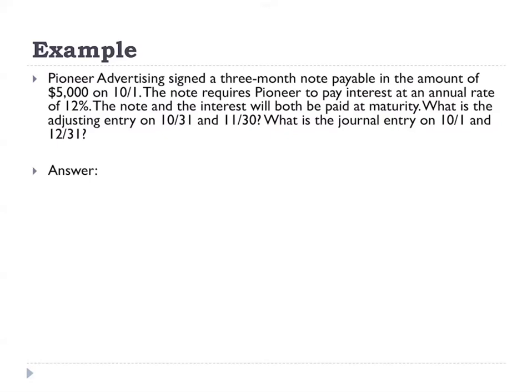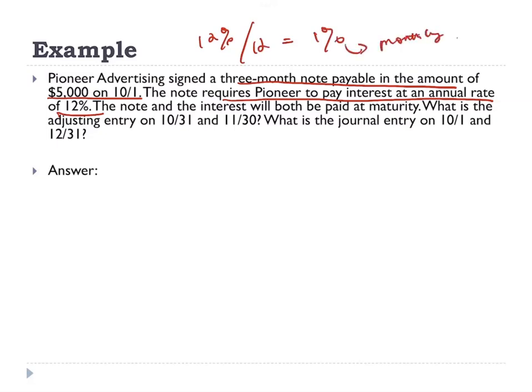So in this example, the firm signed a 3-month note payable in the amount of $5,000 on October the 1st. The note requires the firm to pay interest at an annual rate of 12%. So an annual rate of 12%, if we divide it by 12, 1% is the monthly rate.